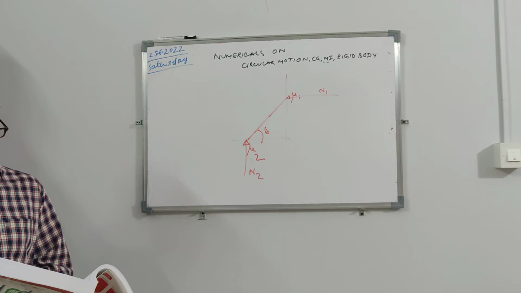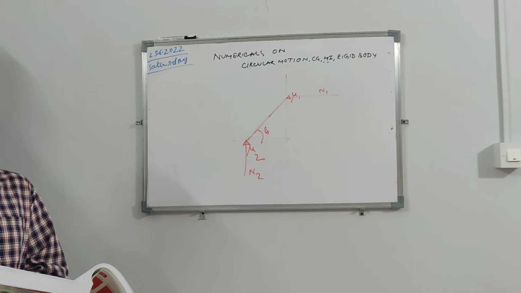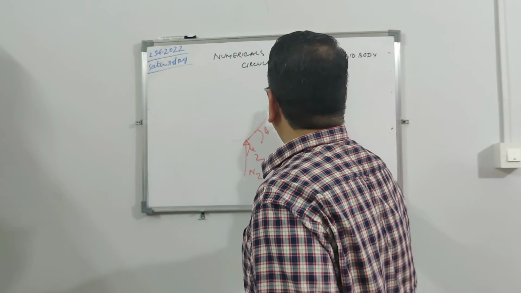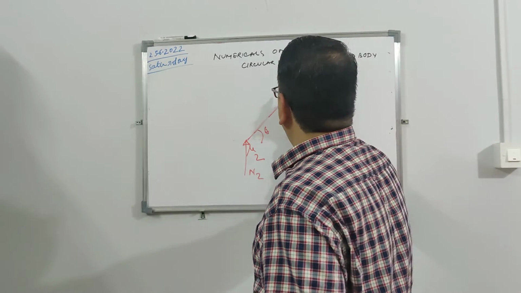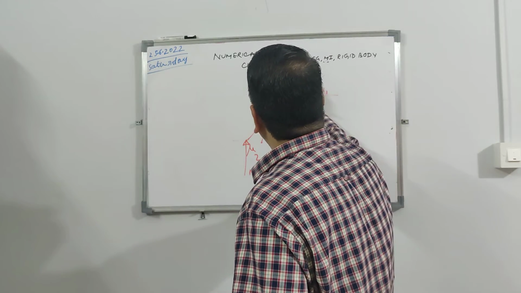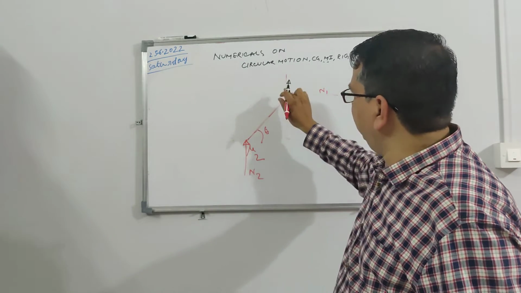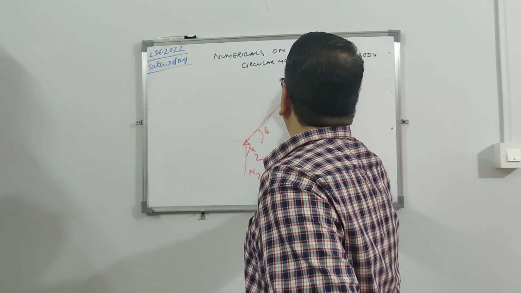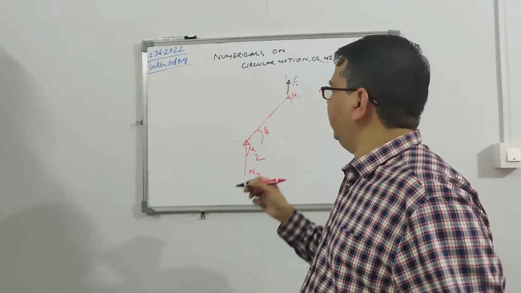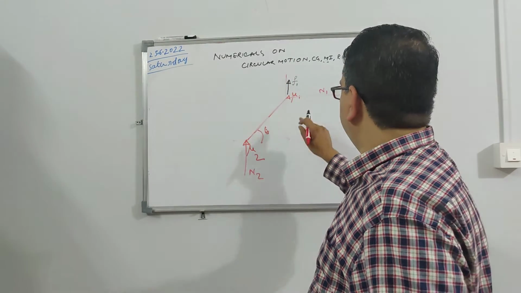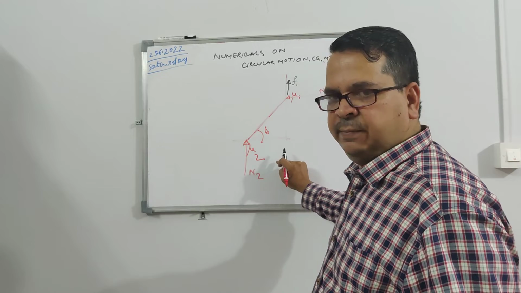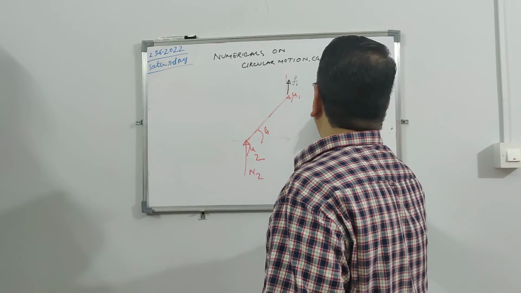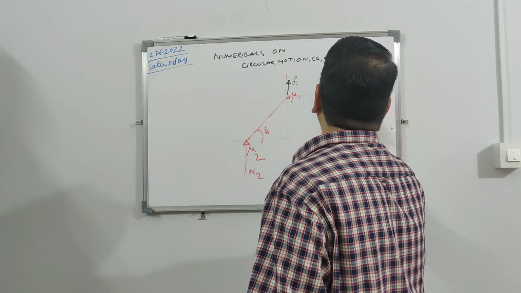When it is just trying to slip, there will be a frictional force opposite to that, because the weight will make it try to slip. Let us say that force is F1. That F1 will be opposing, and it is nothing but mu1 into N1.